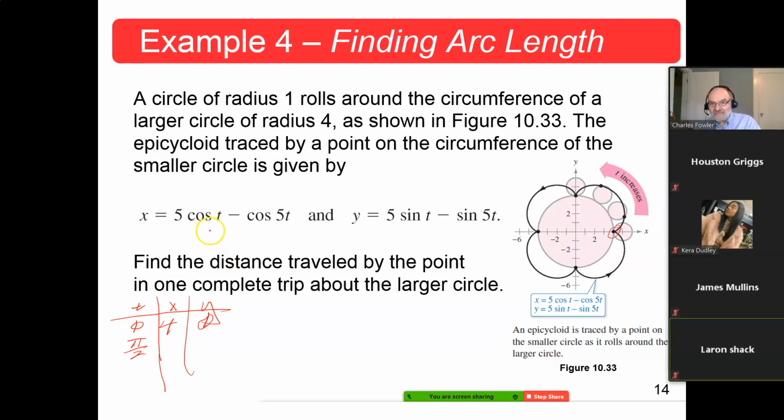Cosine of pi halves is 0, and cosine of 5 halves pi is also 0, so that would be 0 here. And y is 5 times the sine of pi halves, which is 1, minus the sine of 5 times pi halves, 5 pi halves.